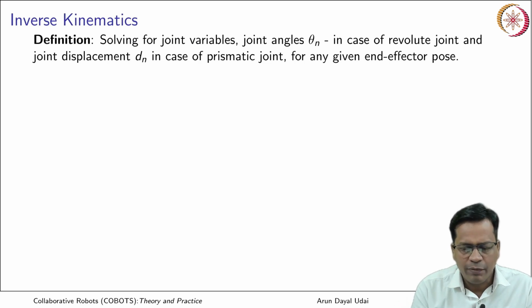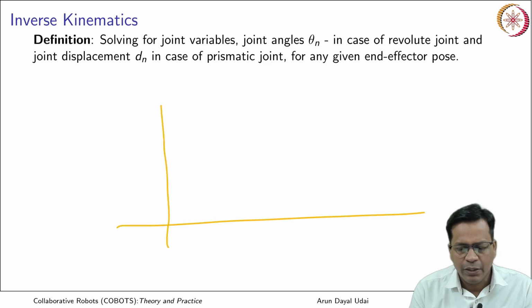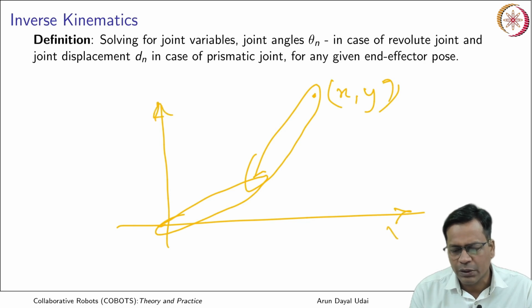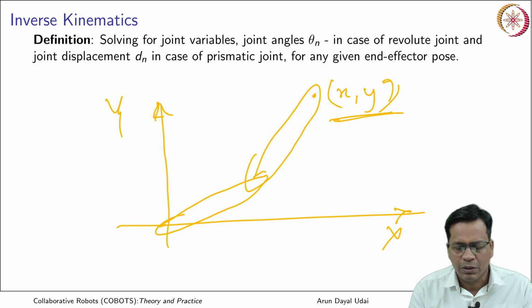Let us say you have a robot like this. You have first link that comes here, you have second link that goes like this. Let us assume it is a planar arm. So if you know the xy, that is the end effector position of this robot, so this is x axis, this is y axis. If you know the position of this, what is my joint angle?